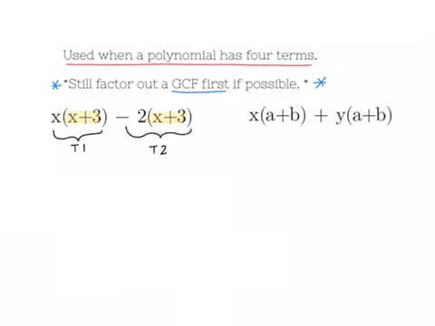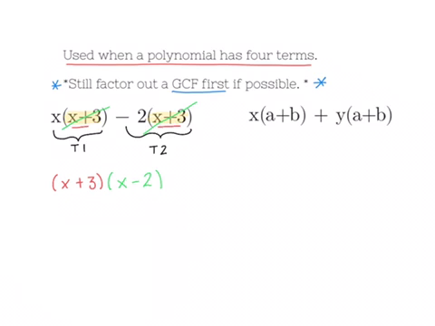If I'm looking at those as 2 terms, what they have in common is this x plus 3. So I can go ahead and factor that out because it's in both terms. If I factor it out of the first term, I'm just left with x. And if I factor it out of the second term, I'm just left with that -2.